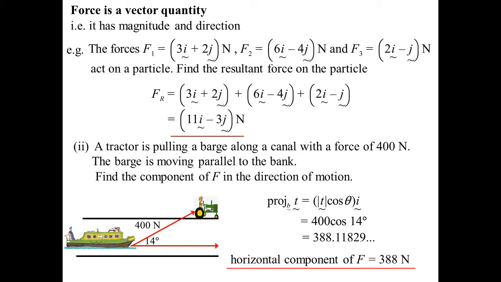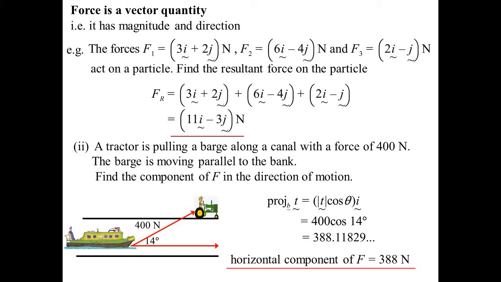The reality of when I'm solving a problem like that, though, I don't worry about writing down projection B and so on. I just look at the triangle and think about it. And, well, if the angle here is at 14 and I want the horizontal component, well, the horizontal component is adjacent to the angle. And I know cosine is adjacent. So I'll just go, oh, well, it's the hypotenuse times the cosine of 14.